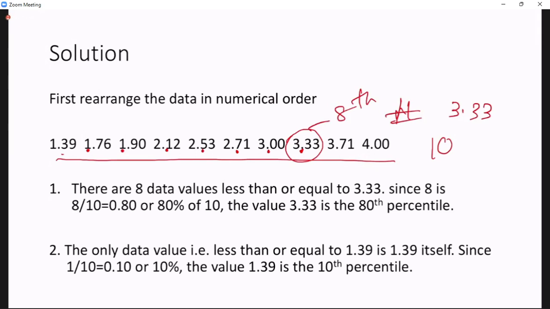Therefore, we find the percentile value like this. 3.33 is the eighth value now. 8 upon 10, out of 10 elements, the 8th value is 3.33, and multiplied by 100 to get the percentage, 80. Okay, that means the 80th percentile is 3.33.